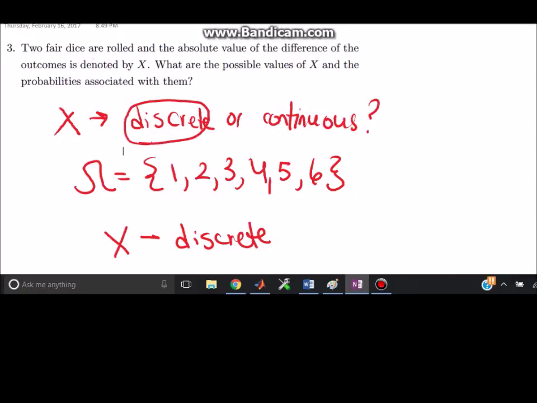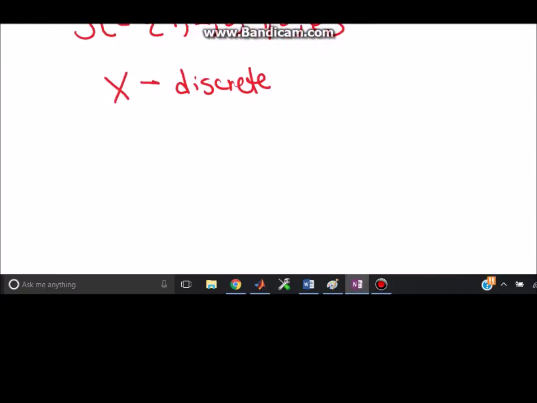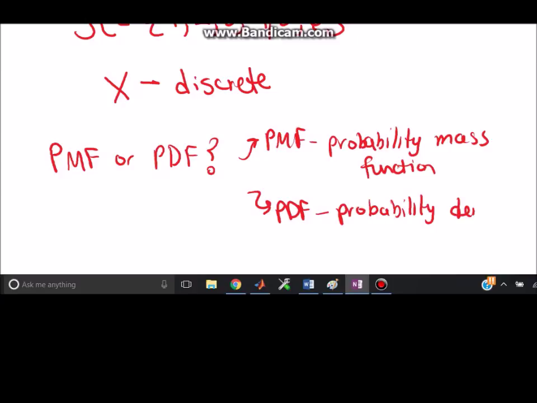All right, so if it's discrete, what kind of distribution are we looking for? Are we looking for a PMF or a PDF? PMF stands for probability mass function, and PDF stands for probability density function.